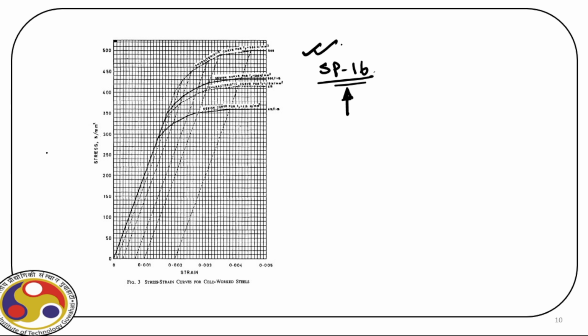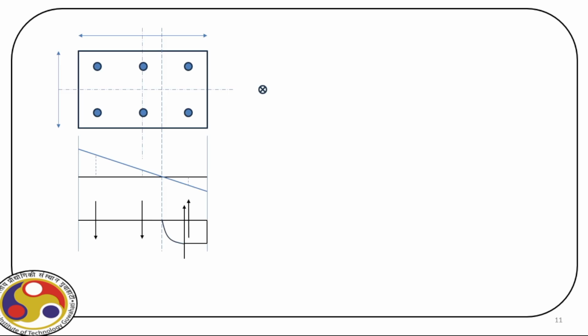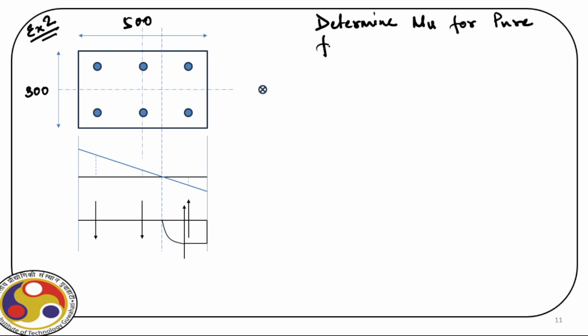So now let us go to a second problem, because in this problem we did not locate the neutral axis. For the second problem, what we do, we consider again the same configuration. For this problem, determine Mu for pure flexure, that is Pu is equal to 0.